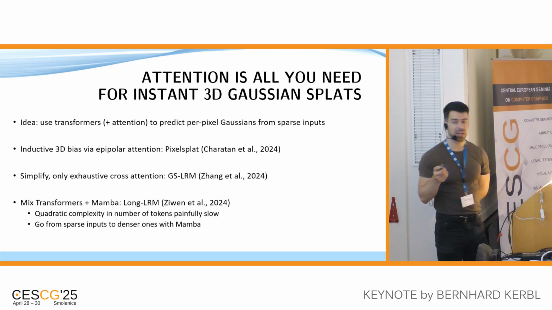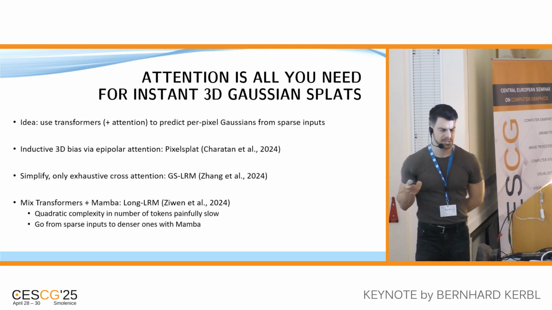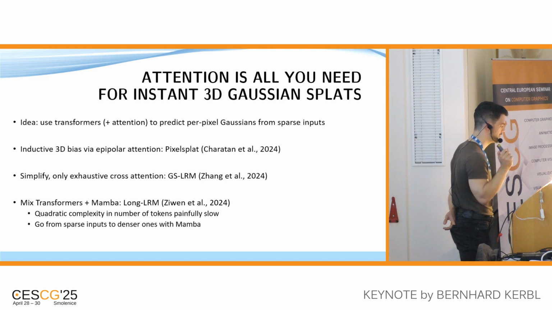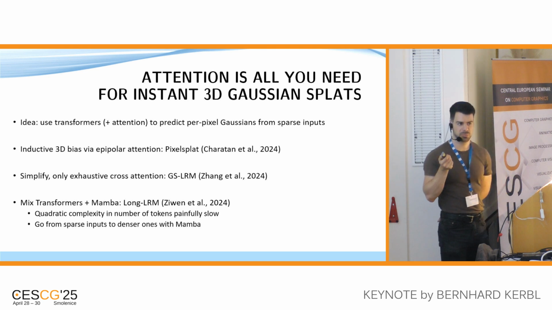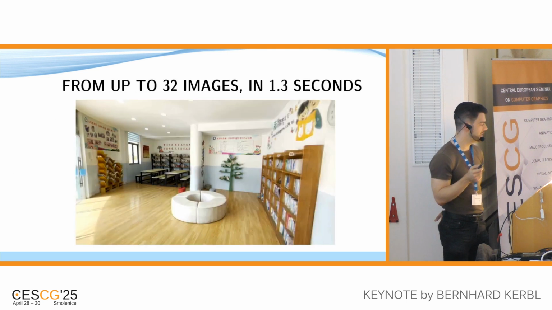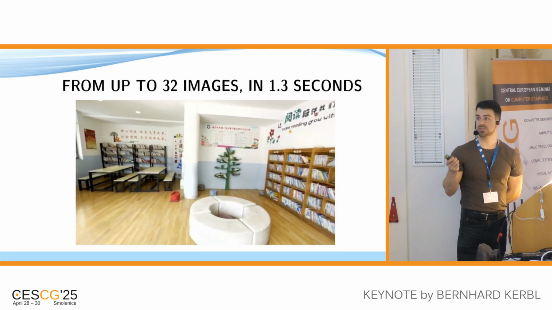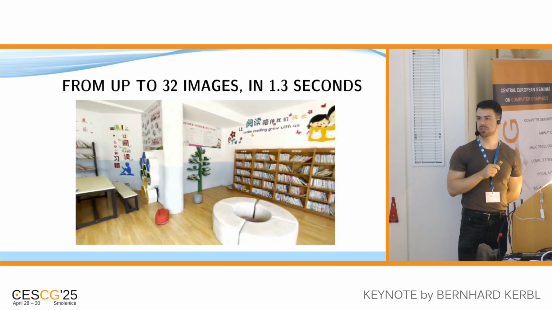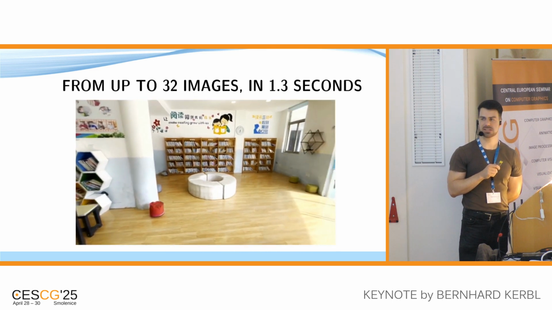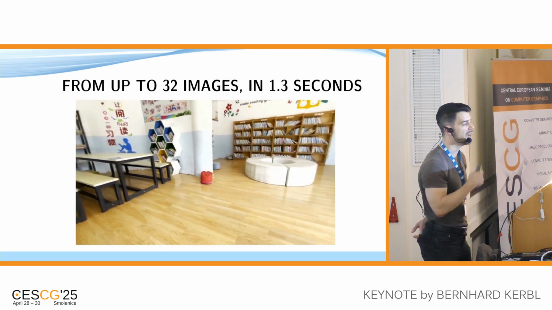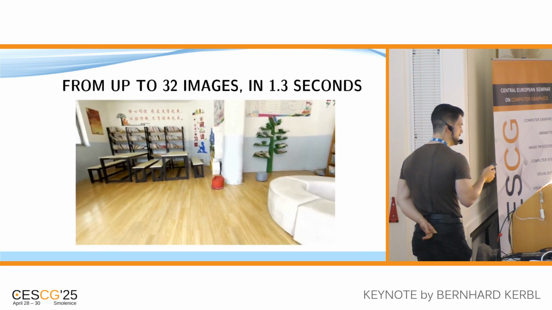So by applying these lessons from large language models to attention in transformers being used to predict per pixel Gaussians, we have an approach that can, in a very short amount of time, I believe somewhere in the order of a couple of seconds, come up with 3D Gaussian splat reconstructions from a set of up to 32 images, right?